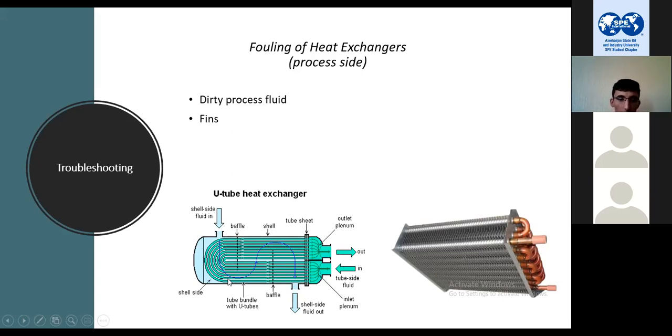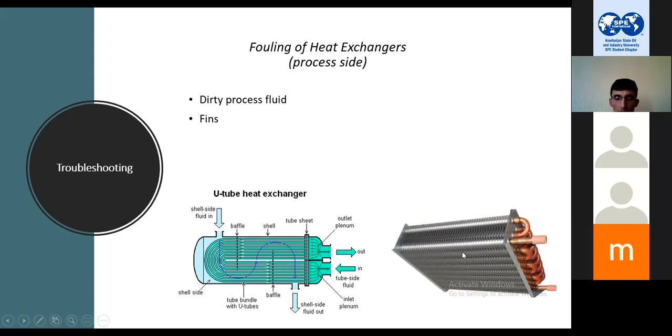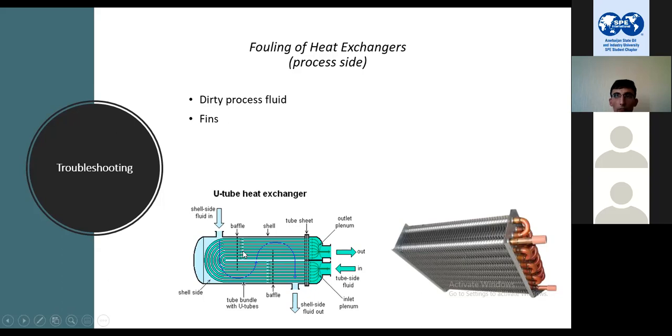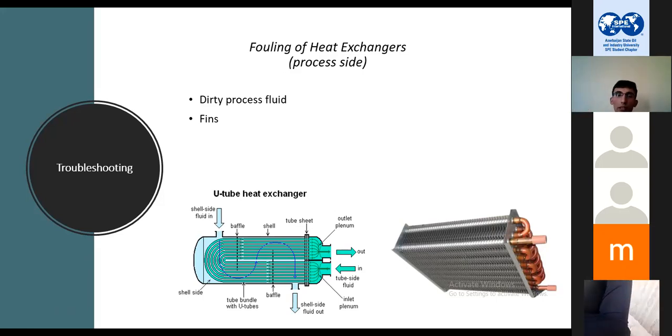But in the shell side, we have fins on these tubes. It's not shown in this picture, but you can see it on the right photo. There are so many fins on these tubes. Nitrogen comes from the dryer back to the heater, in a kind of nitrogen circulation for removing the water or making the product dry.